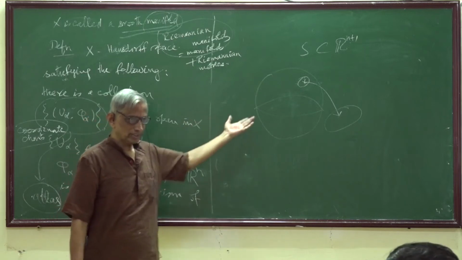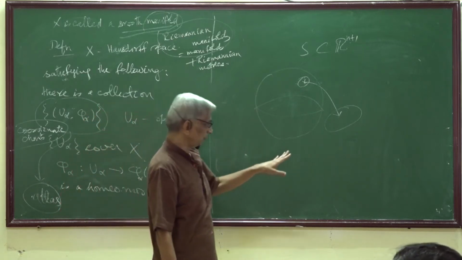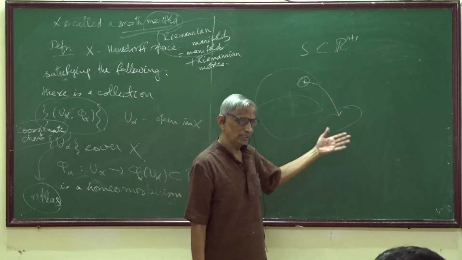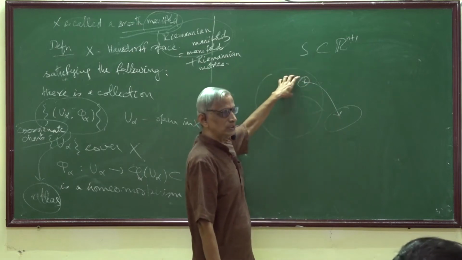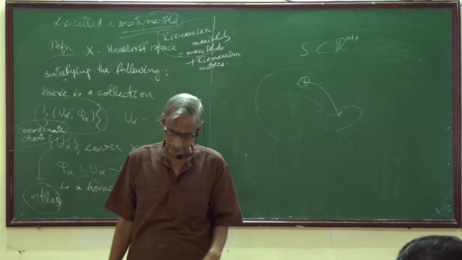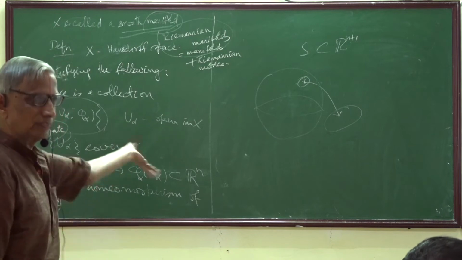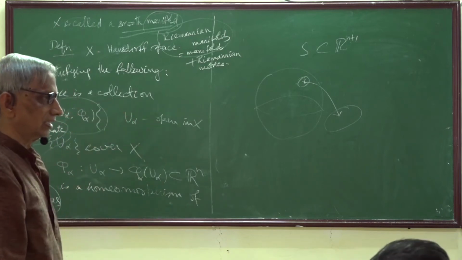But when you work with surfaces, actually, we are going to go the other way. Start with patches in R2 and take them to patches on the sphere. That's how it's usually done when you work concretely with surfaces.